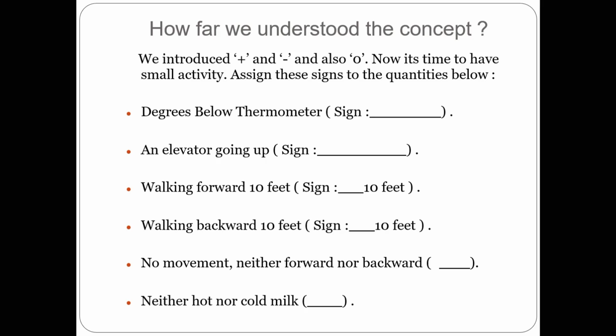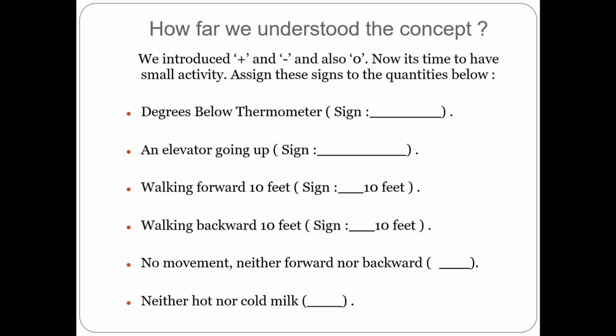Walking forward 10 feet, so what sign can be used? Before 10 feet it is mentioned forward, so a positive sign will be used. Walking backward 10 feet. What sign can be used before 10 feet? It has mentioned backward. On such conditions, a negative sign will be used.